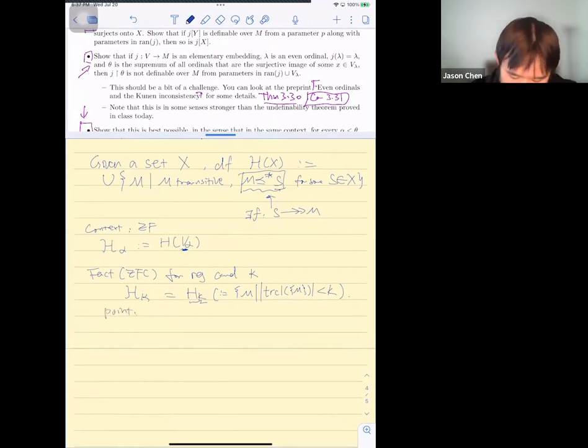In ZFC, surjection and injection are really the same thing, since you have choice and everything's well orderable. So if M is less than or equal to, in this starred sense, in the surjective sense, some alpha less than kappa, then the cardinality of M is going to be bounded by alpha.